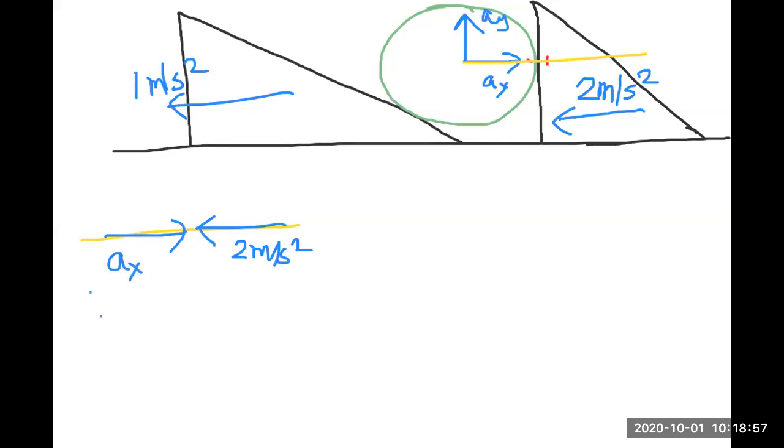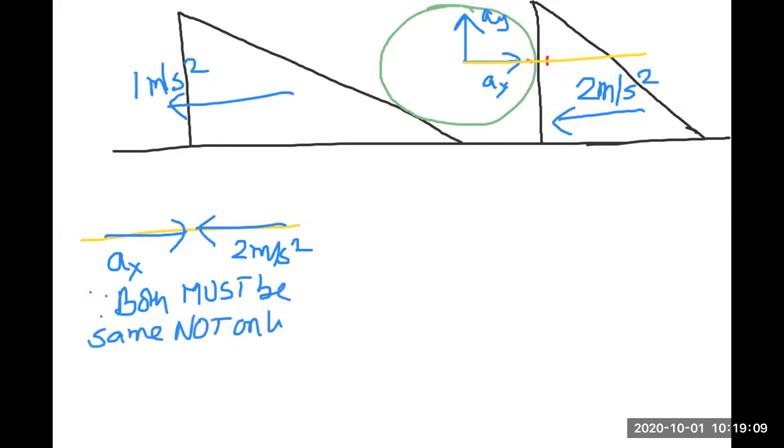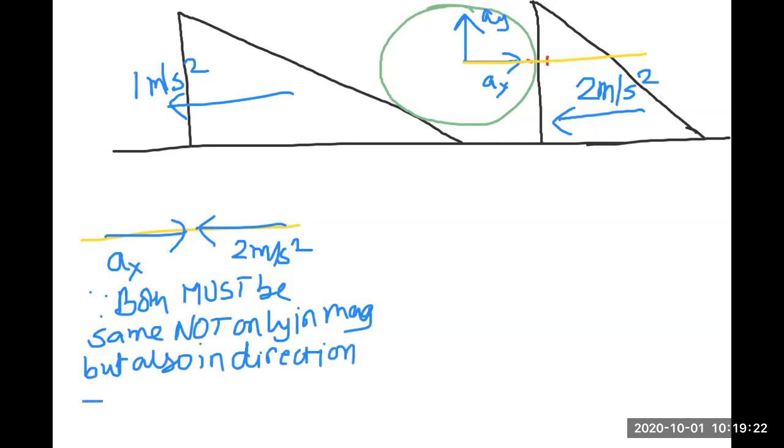Right? So since both must be same, not only in magnitude but also in direction, this implies that ax is equal to 2 meter per second square like this.